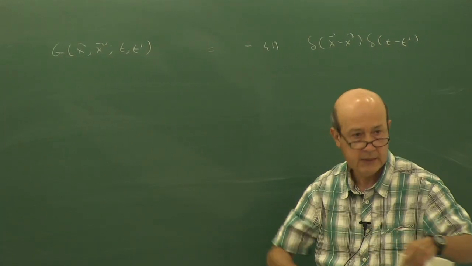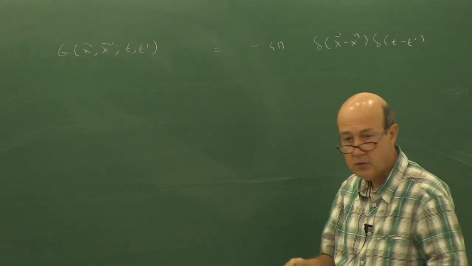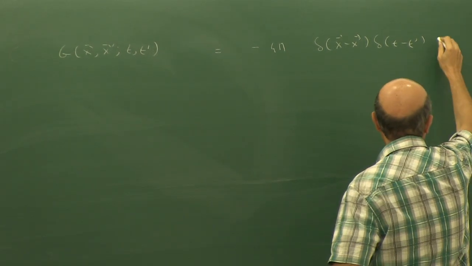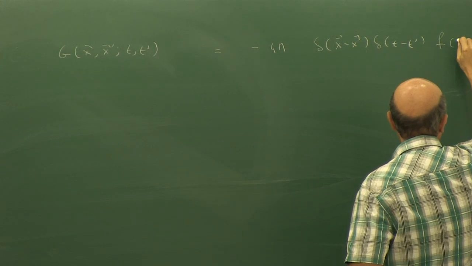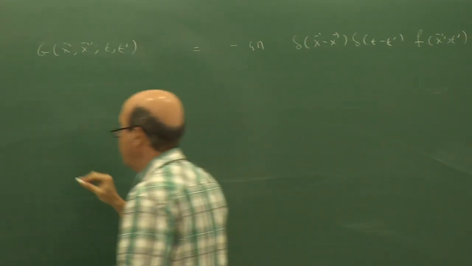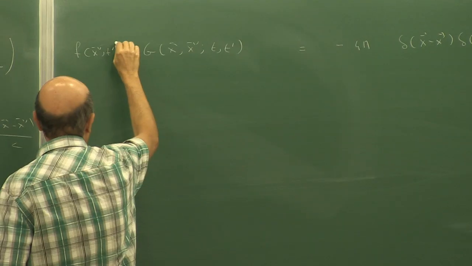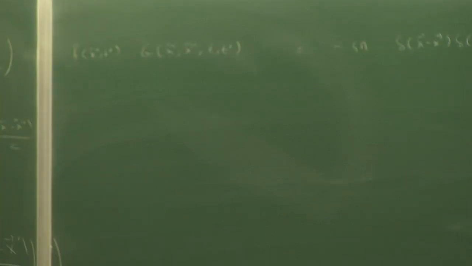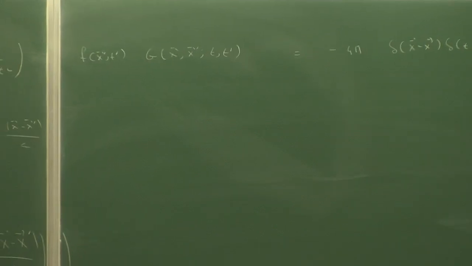Multiply both sides with the source. What is your source? Some source, f x prime t prime, and multiply this also by f x prime t prime, and integrate through x prime and t prime, volume and time.